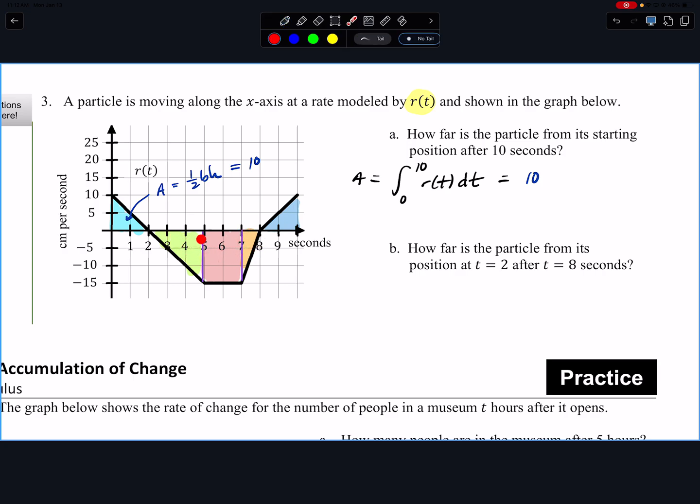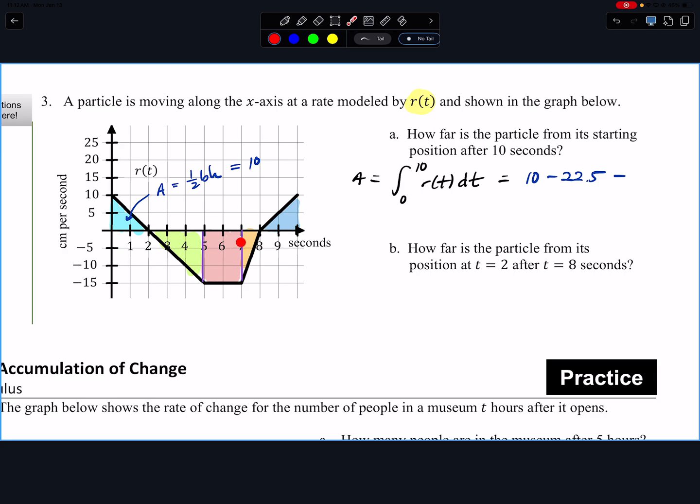So for this triangle, the height is 15. What's the base? 3. So 3 times 15 is 45. Half of 45 is 22.5. Okay? This region's also negative, so minus.